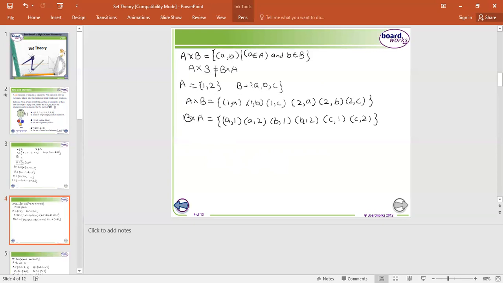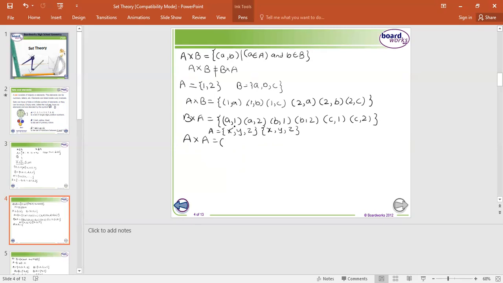Then A cross A, how will you take A cross A? Suppose A contains x, y and z. There are three elements in A. So first we multiply x with x, y and z, then y with x, y and z, then z with x, y and z.